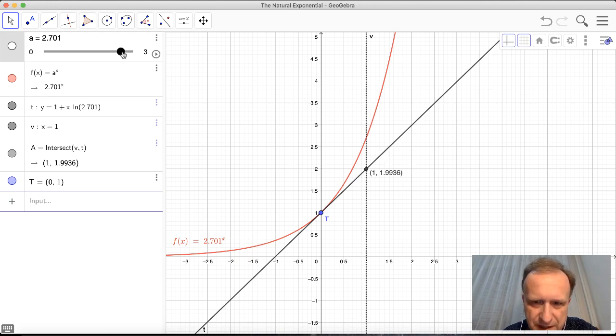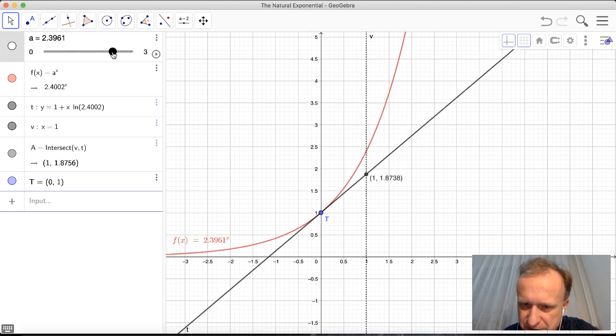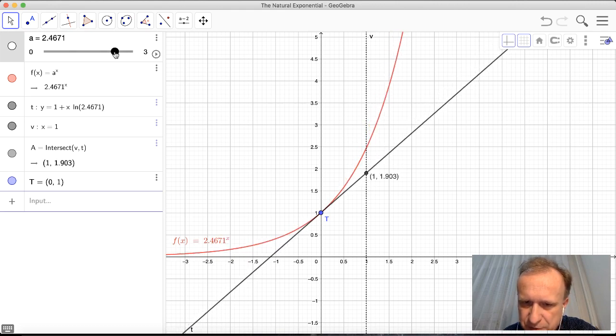And if I do that, I can see that the vertical coordinate of this intersection point of tangent and the vertical line at 1, it changes. Now it's 1.906. What I want, if the tangent here has to have the gradient of 1, is that this point has the coordinates of 1 and 2.